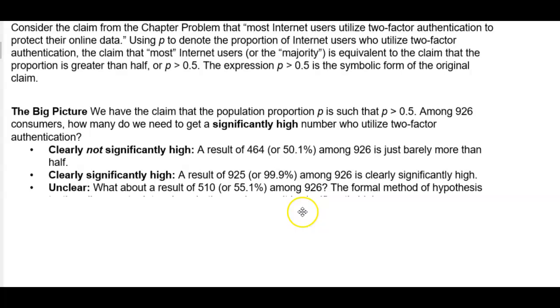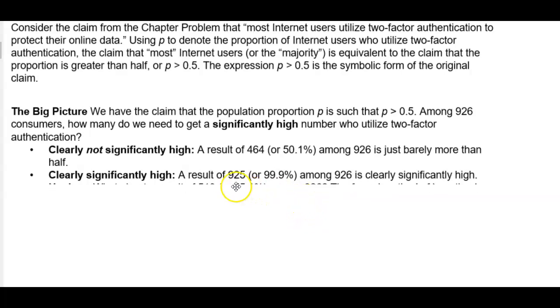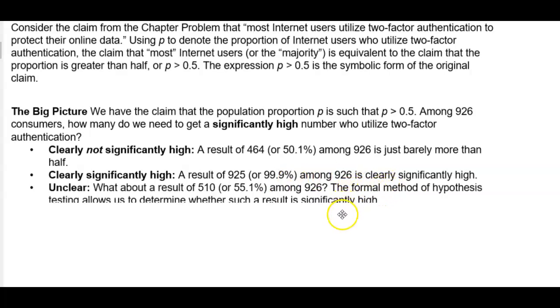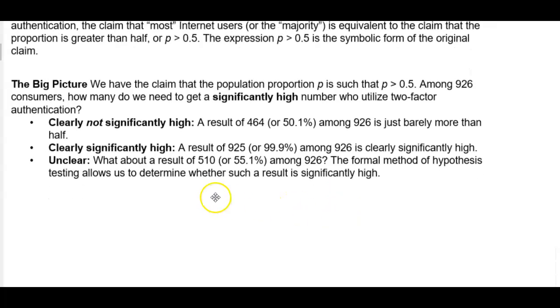Clearly significantly high is a result of 925 among the 926, or 99.9%. And then unclear, what about a result of 510, or 55.1% among 926? The formal method of hypothesis testing allows us to determine whether such a result is significantly high.